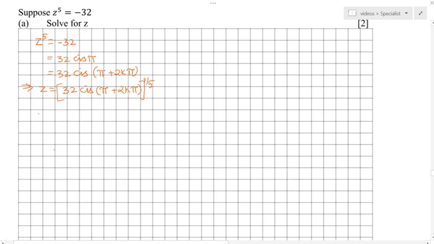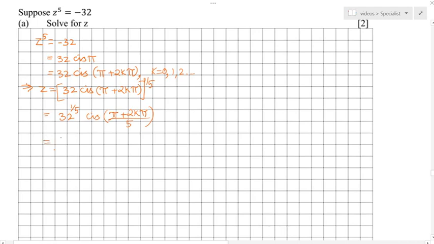Now we use De Moivre's theorem, and that tells us this will be equal to 32 to the power 1 over 5 times cis of (pi plus 2k pi) divided by 5. k can have values like 0, 1, 2, and so on.